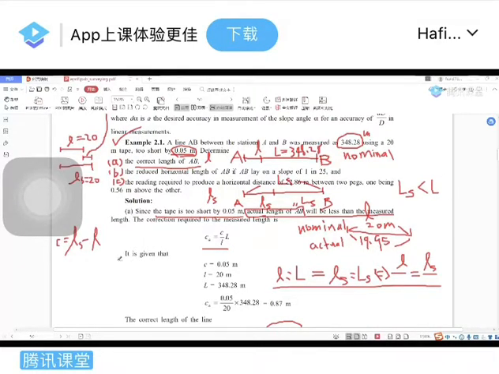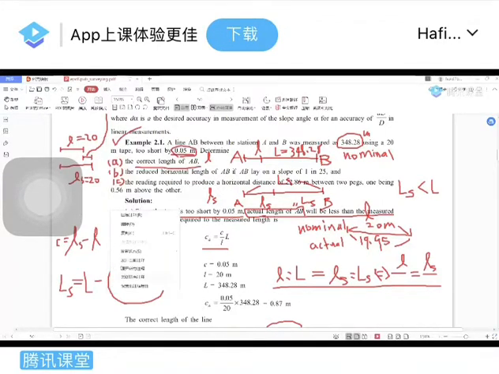Because you want to make the correction so that L becomes LS. Because L is overestimated, you have to reduce it with some correction. And how much is this correction? This correction will be your CA.